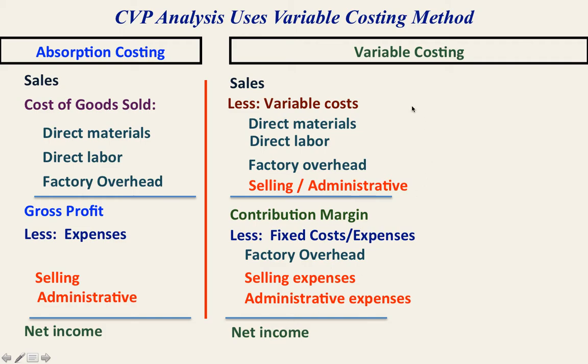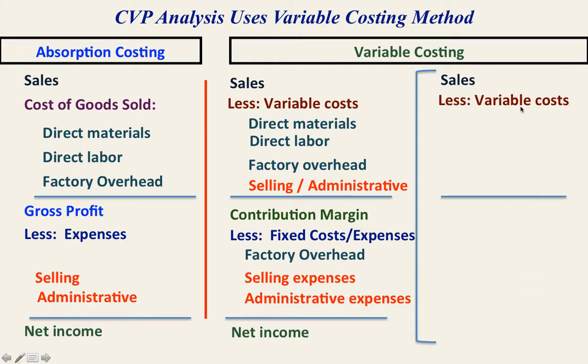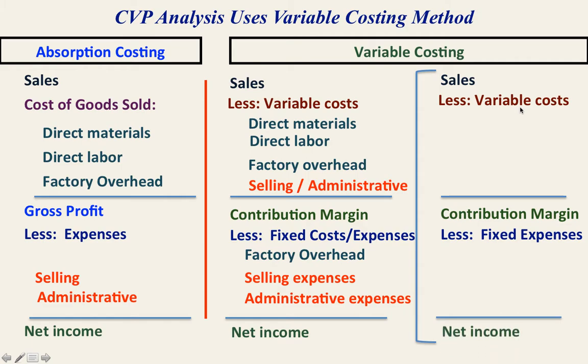Class, in CVP analysis, we are going to use the variable costing. However, we are going to just concentrate on the basic elements of the variable costing, which are sales, then the variable cost will give you your contribution margin, less fixed costs or expenses will give you your net income.